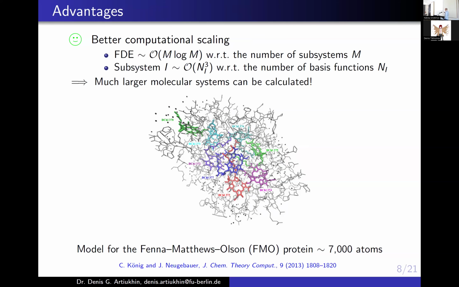In other words, we reduce dimensionality and we can compute much, much larger molecular systems than accessible with DFT. In an example from 13 years ago, people created a model for a protein complex, which contained roughly 7,000 atoms. That was doable back then, and these days we can go for even larger systems.